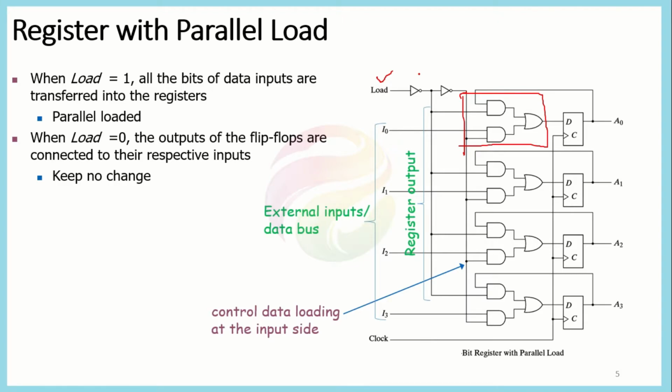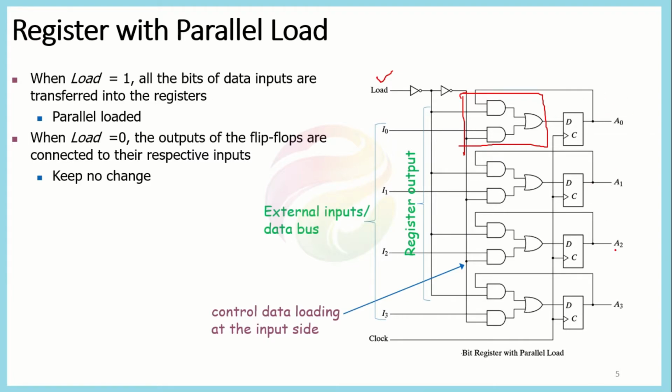While if the value of load is equal to 0, then our system is connected to the outputs of the current flip-flops. Like this, if the value of load is equal to 0, then A0 would be connected here, so our system will retain its current output.